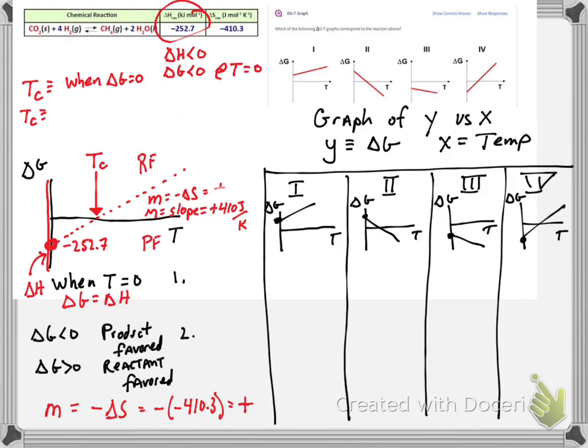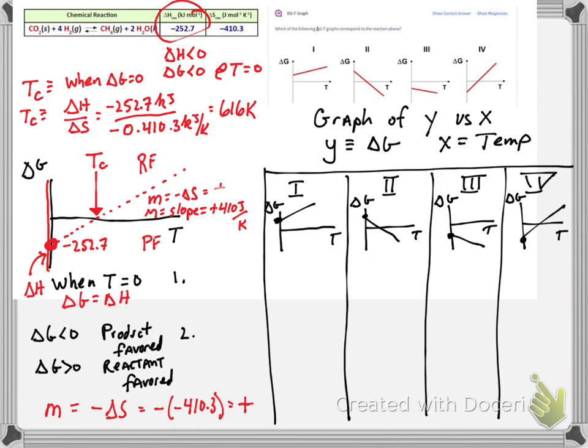This can be calculated as delta H divided by delta S. But we have to keep in mind that delta H and delta S need to be in the same unit, either both kilojoules or both joules. So I took my delta S and divided by 1,000, which gave me delta S in kilojoules. If you do that, you see that the value is 616 Kelvin.